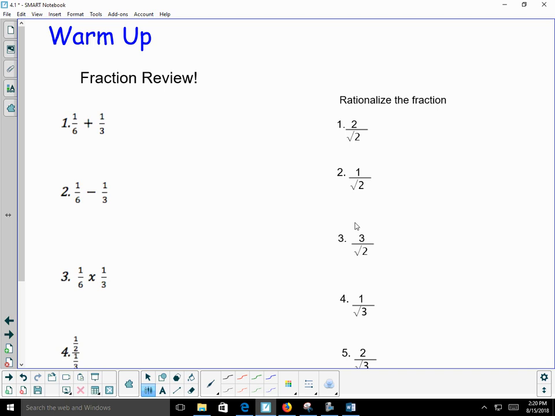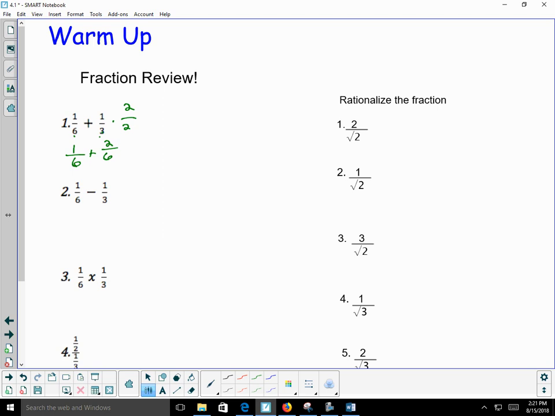So what I'm going to have to do is ask myself, what's the lowest number that those 6 and 3 will go into? And you say 6, so the 1 over 6 stays the same. Then the 3, in order to make it a 6, I would multiply it by 2. If I multiply my denominator by 2, I have to multiply my numerator by 2. So I take 1 times 2 and get 2.